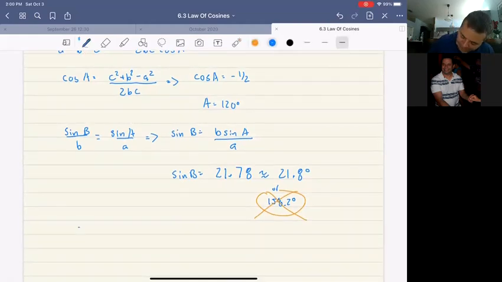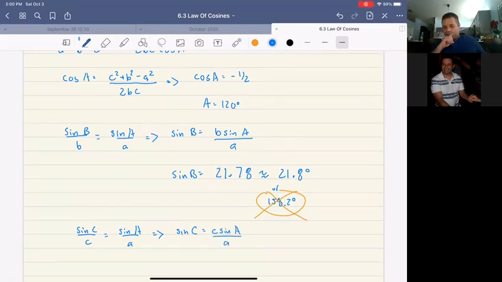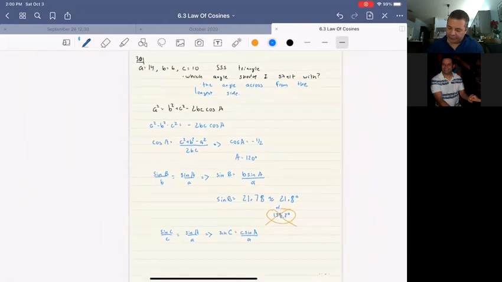So sine of C over c equals sine of A over a. This implies then sine of C equals c sine of A divided by a. Let's use our information.